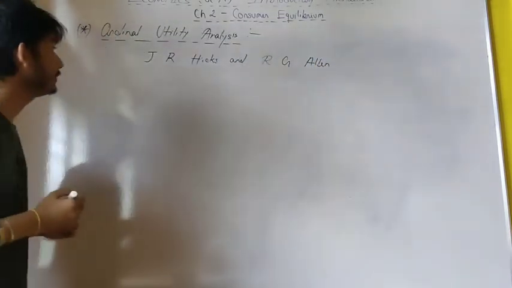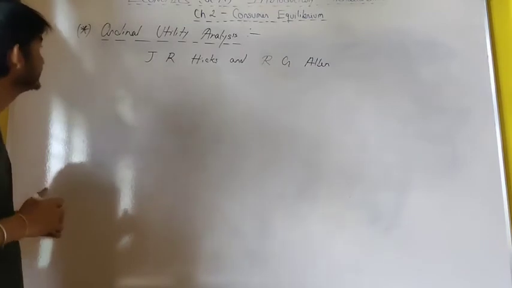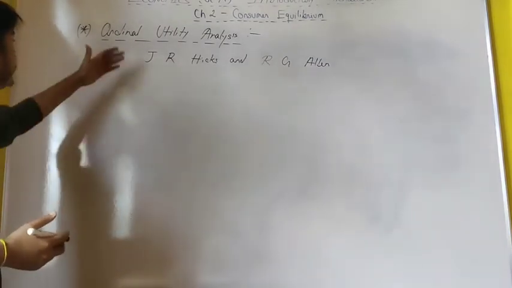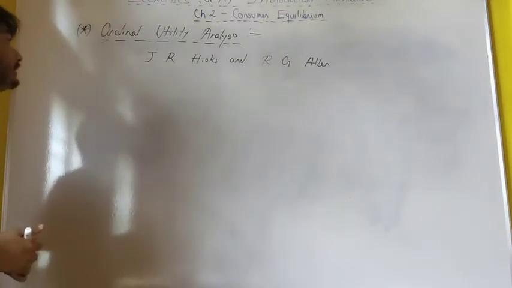These two economists heavily criticized the cardinal utility concept, and they formulated the ordinal utility analysis or the ordinal utility concept.